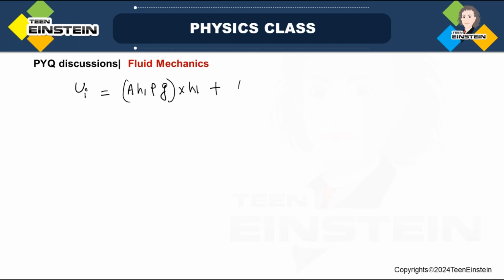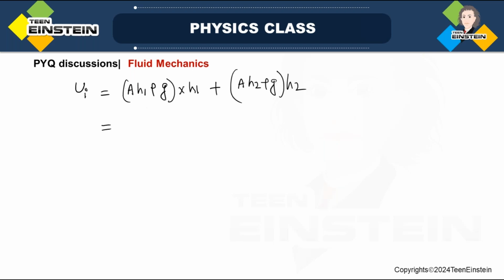Plus A h2 rho g into h2. So this was the value, this is mg, weight, into the height.